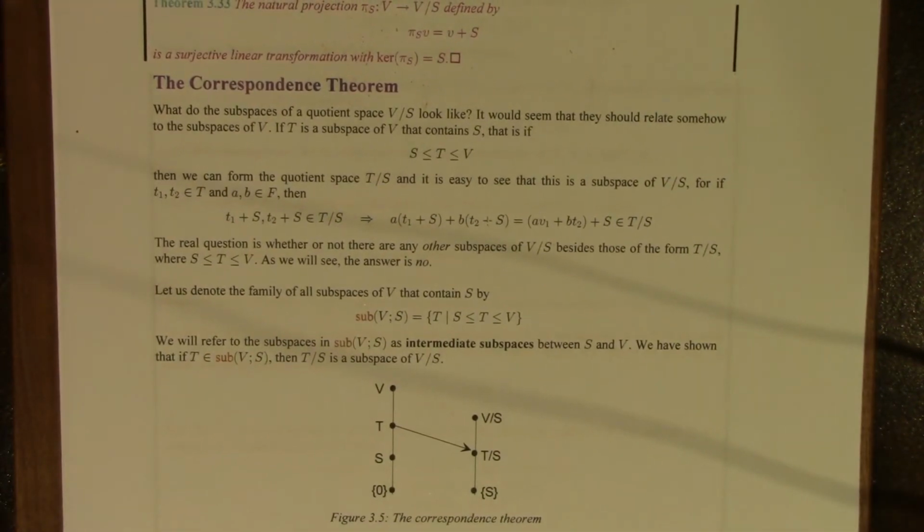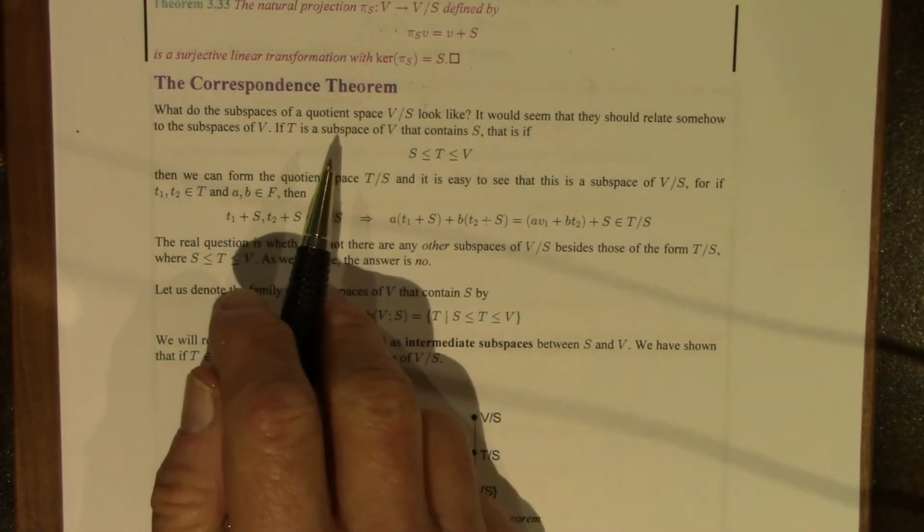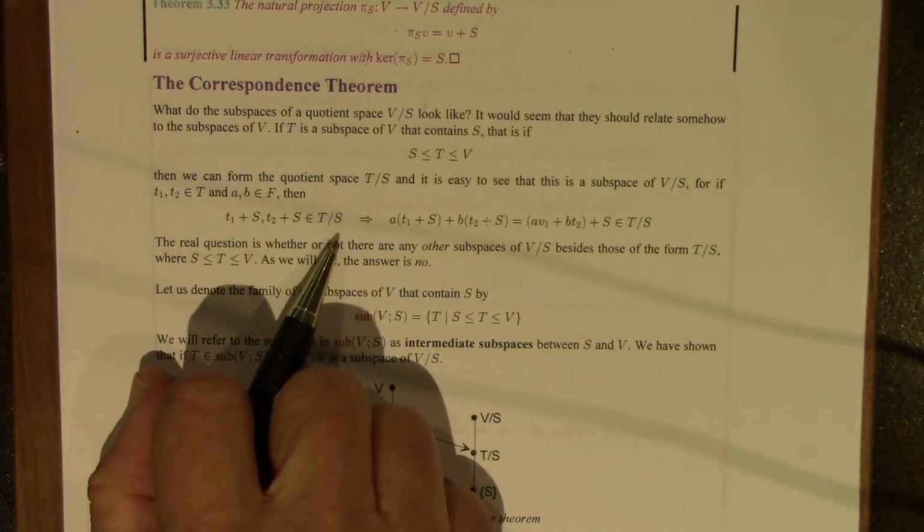It will give us considerable insight into the subspace structure of the quotient space V mod S, the subspace lattice of V mod S. What do the subspaces of V mod S look like?